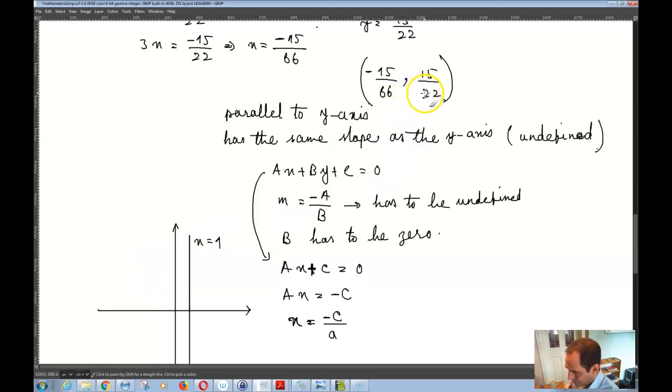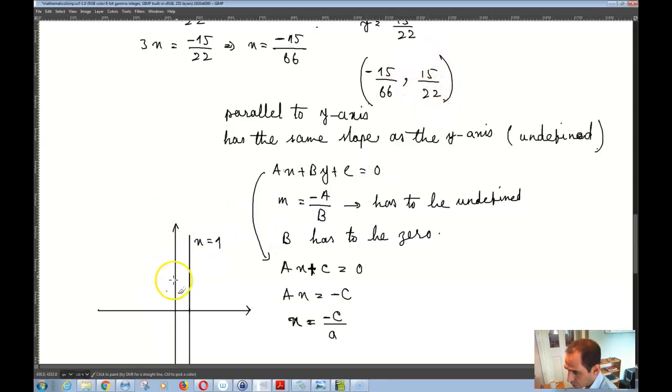So the x coordinate of this point is negative 15 by 66, and the y coordinate is somewhere over here, 15 by 22, some number less than 1.